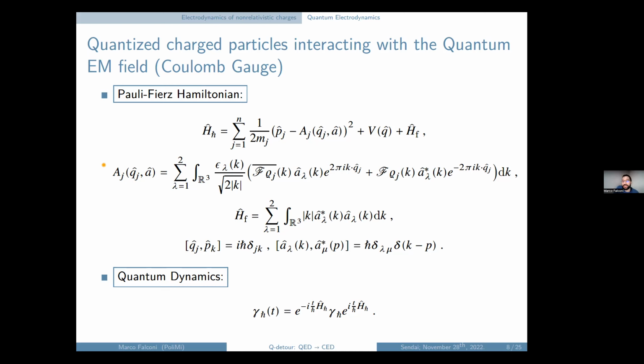And to impose this Coulomb gauge, we introduce this epsilon lambda of k. These are called polarization vectors. So there are 2 polarizations for the electromagnetic field in the Coulomb gauge, and they go in directions that are orthogonal among each other and orthogonal to the direction of k. k is the Fourier variable associated to position.